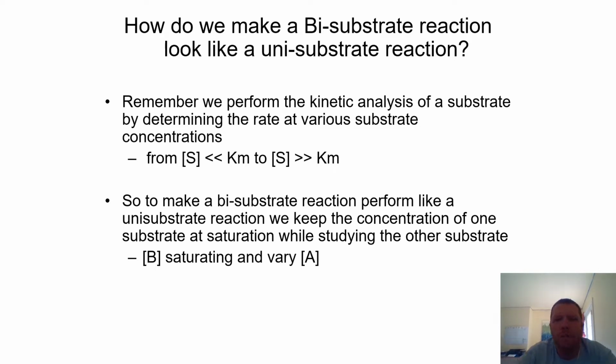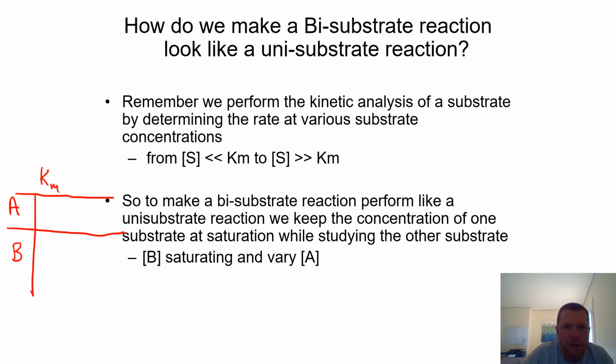Essentially, the way I look at it is, let's say we have substrates A and B. You have a Km for substrate A, and a unique Km for B. Let's just call A about 3 millimolar. Substrate B might have a Km of 0.0001 micromolar.